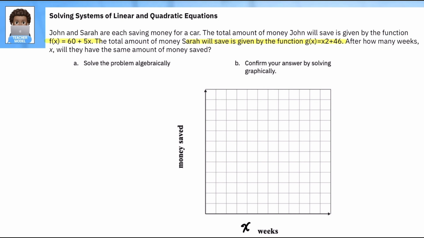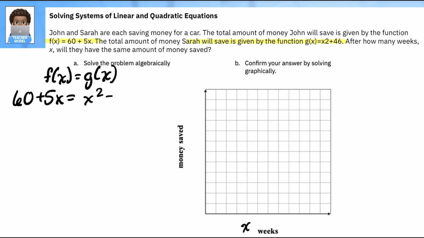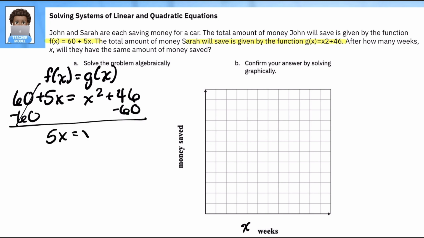We're going to try and do it algebraically first. I just want to figure out when f of x is equal to g of x. So you're going to solve this the way we normally would. And we're going to set this to 0.